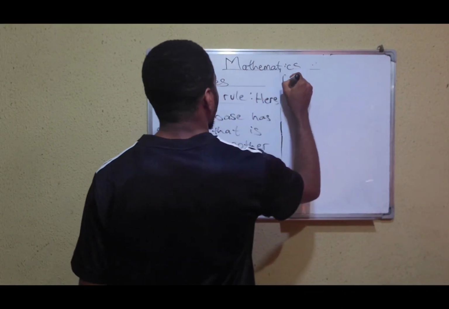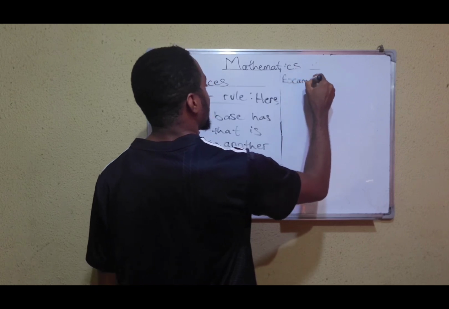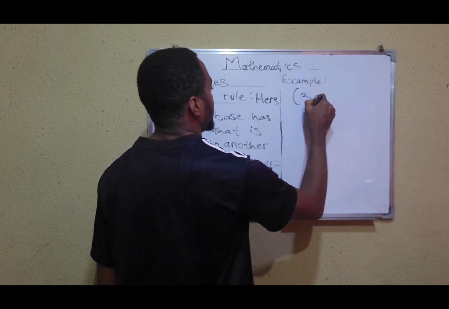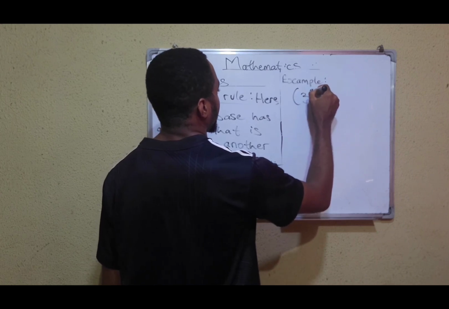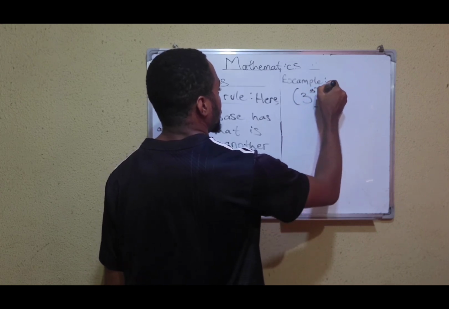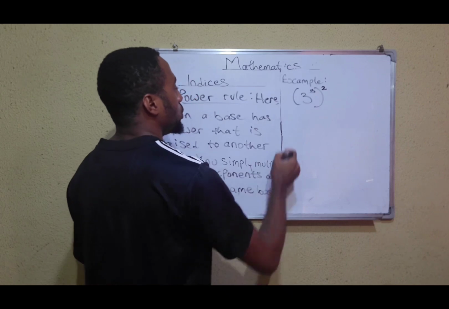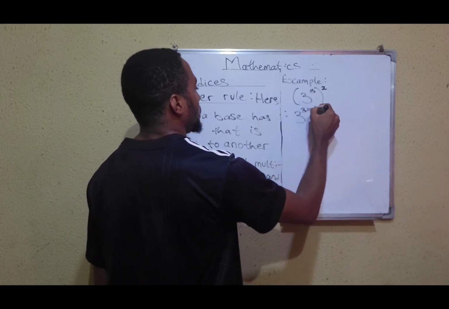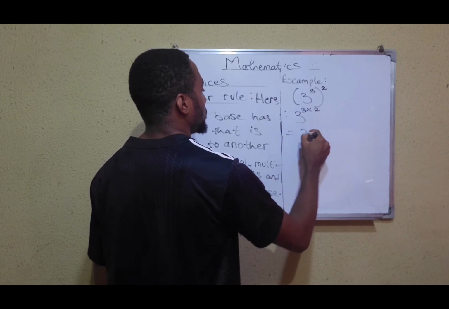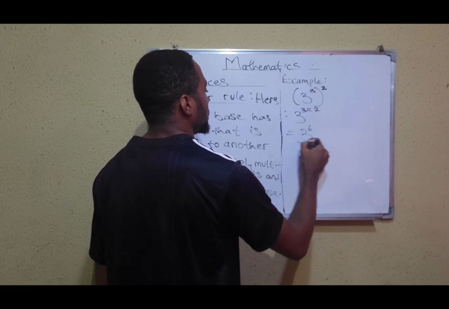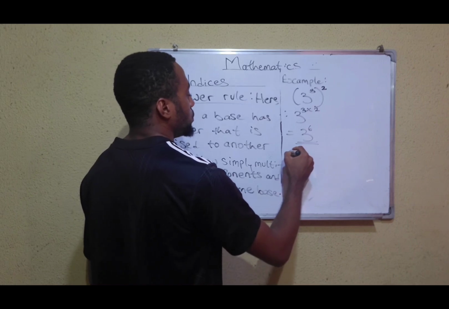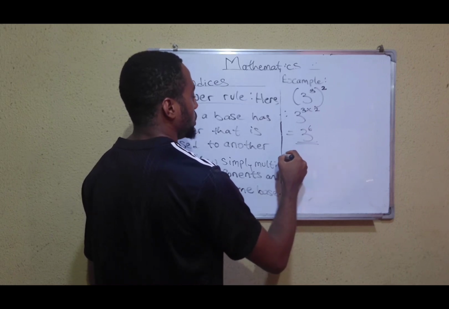So for example, we have 3 raised to power 3 that is raised to the power of 2. So what do we do? We say 3 raised to the power of 3 times 2. That will give us 3 raised to the power of 6. More so, we can have, okay, let's not use 2.